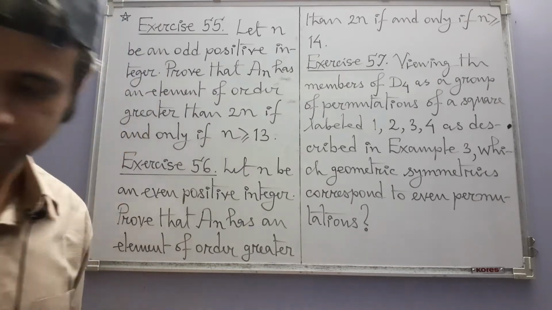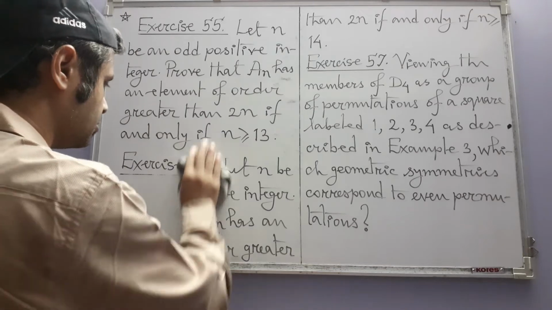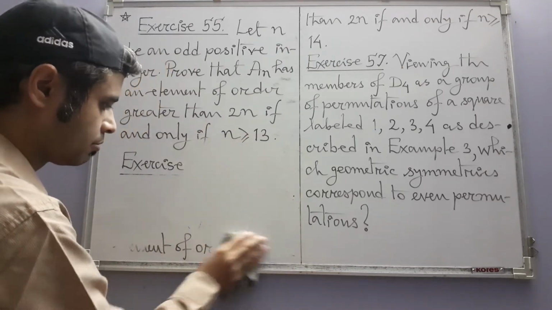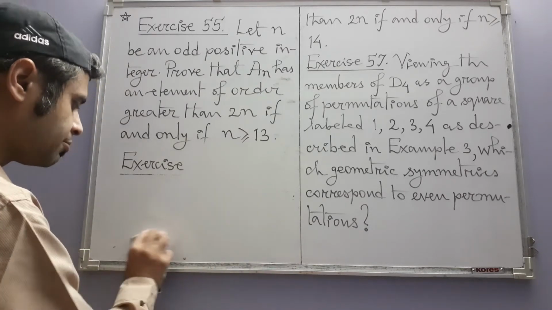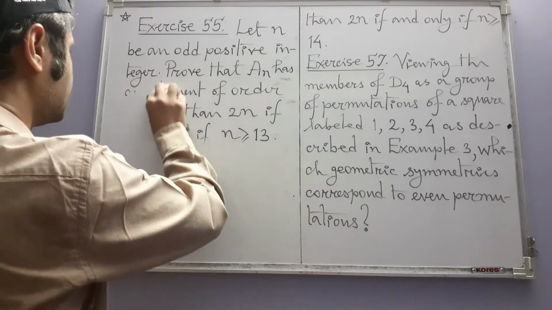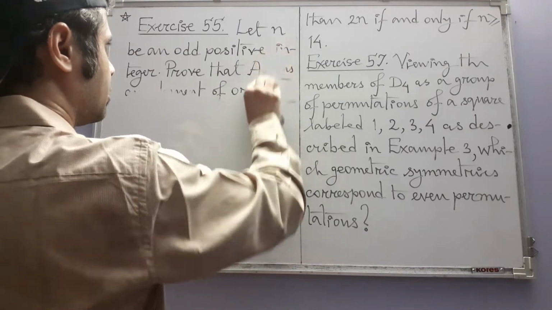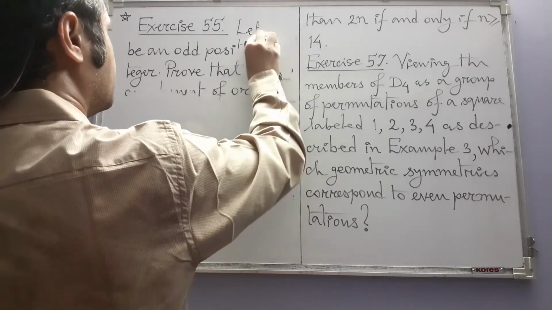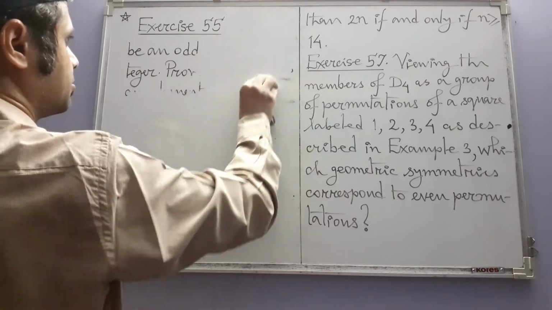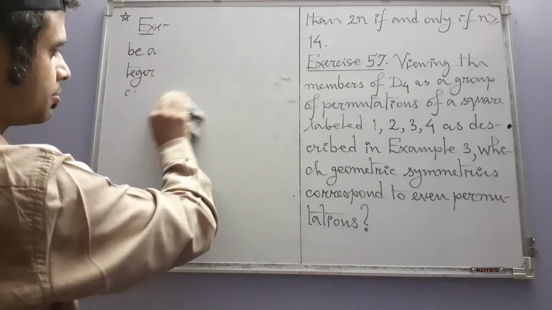For example, let us just draw a square and see what this means. If you think of the elements of D4 as permutations of the vertices, then you have to figure out which geometric symmetries correspond to the even permutations.